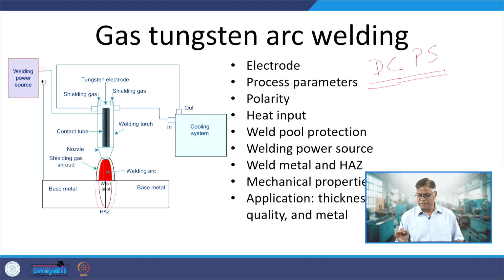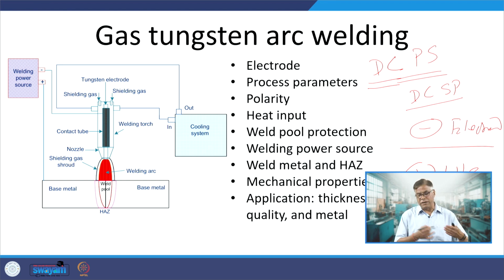And invariably DCSP, DC straight polarity, is used, means the electrode is connected to the negative terminal and the workpiece is connected to the positive terminal. This helps in generating more heat on the workpiece side, because when the DC is used, 2/3 of the heat is generally generated on the workpiece side, the anode side, and 1/3 of the heat is generated on the cathode side.